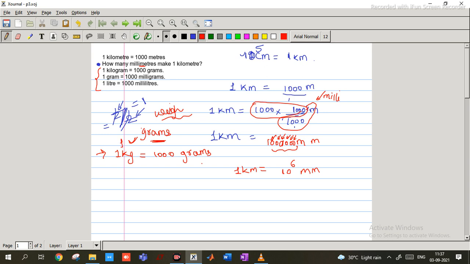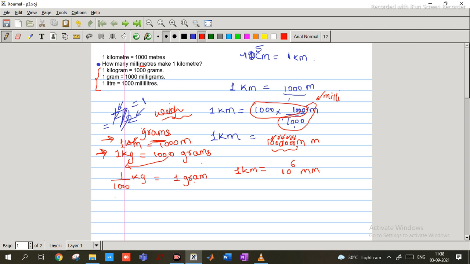In the same way, when I say 1 kilometer makes 1000 meters, but that is the unit to measure distance, and this is the unit to measure weight. Now let's take this 1000 to the denominator by cross multiplication, so it will become 1 by 1000 kg, and 1 gram is equal to 1 by 1000 kg. Can I write it in this way? I can write it, right?